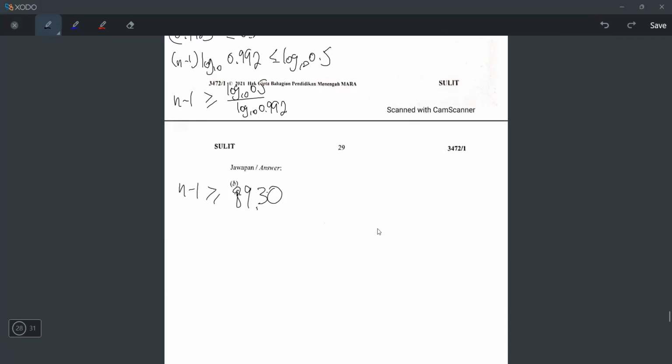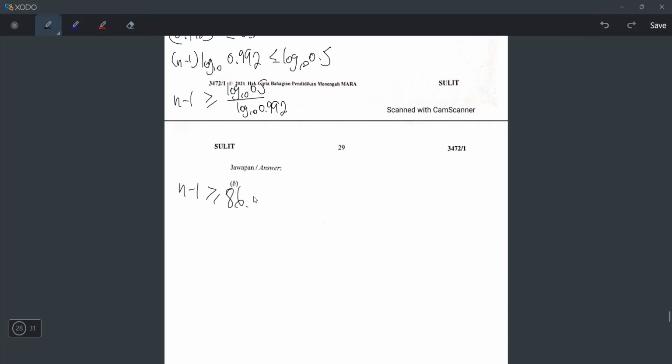Did I press wrongly? Okay, wait, log 10 0.5 divided by log 10 0.992. Oh, 86, 86. Alamak, what did I write?